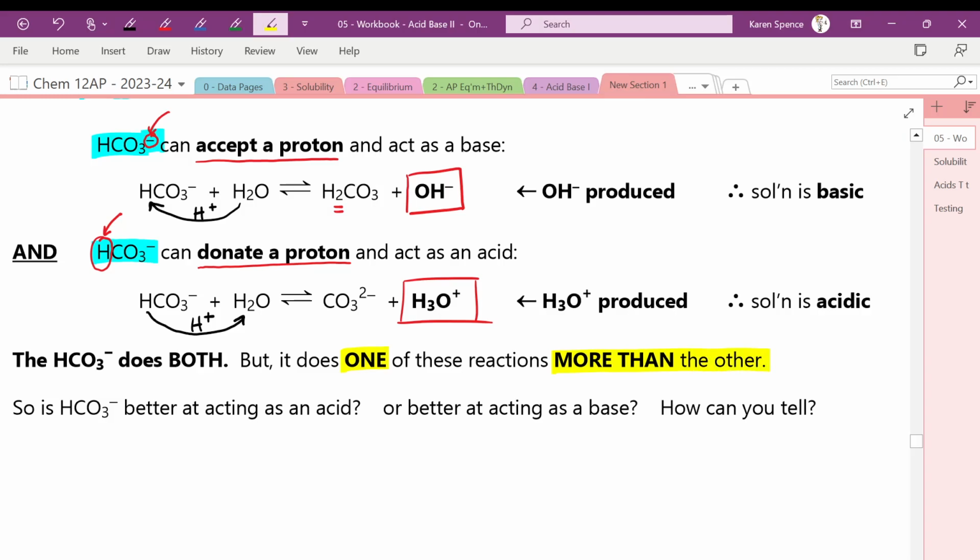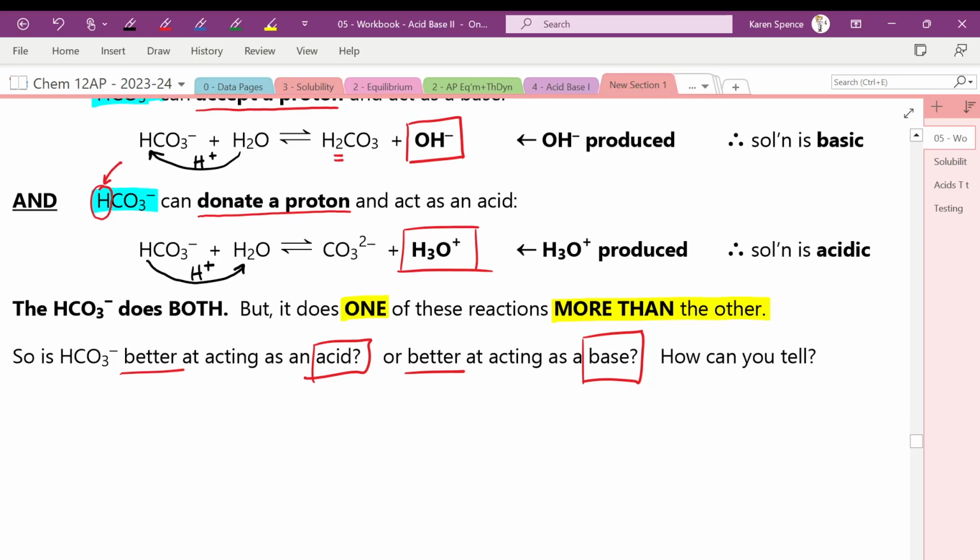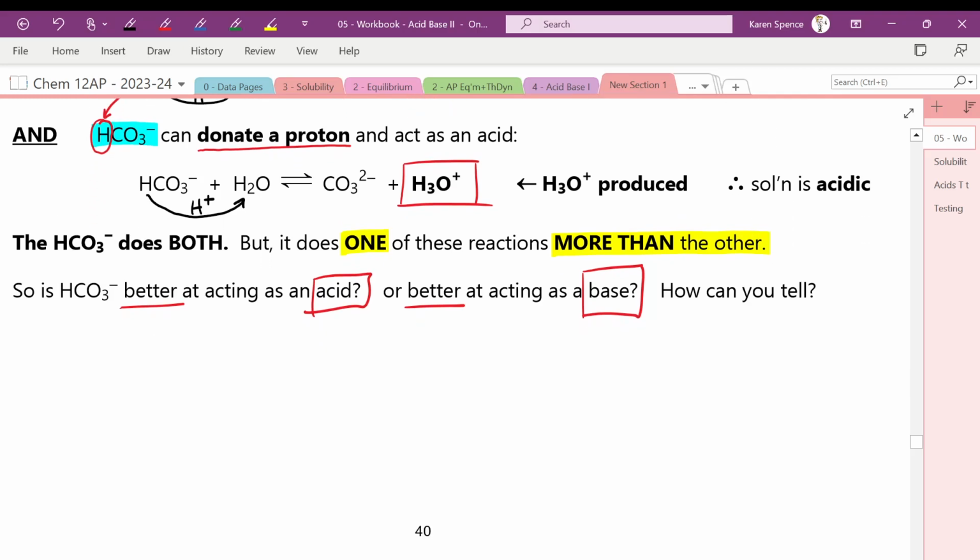So is HCO3 better at acting as an acid, or is it better at acting as a base? How can you tell? And look, I've left you some space here at the bottom of the page. I would like you to figure that out, please, and prove it using calculations.